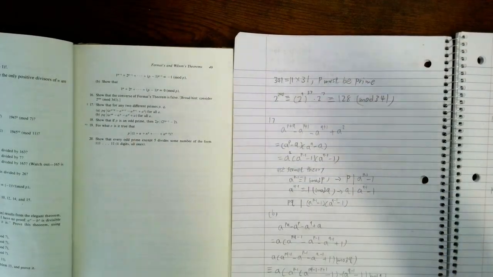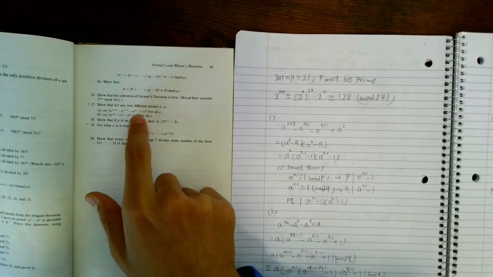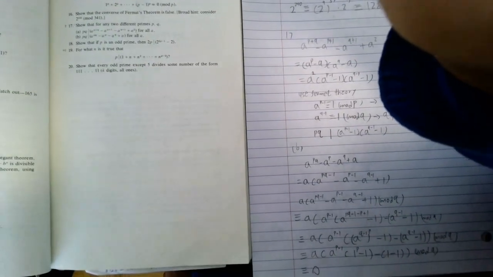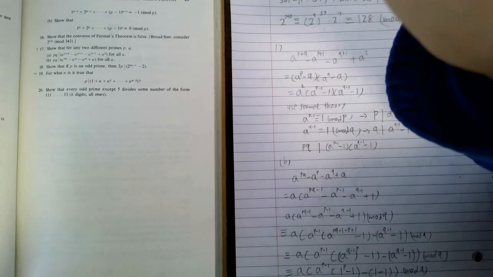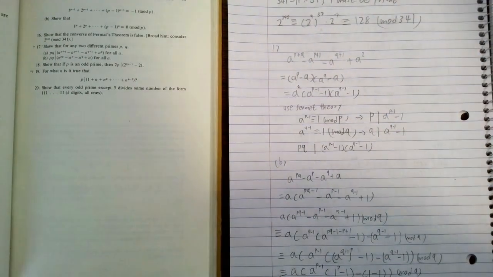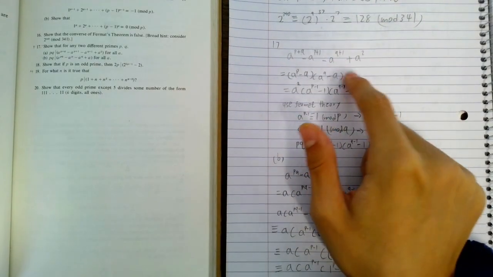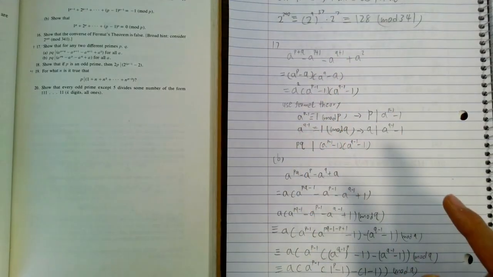Question 17. We need to prove that PQ is a divisor of these. Let me zoom in so that you can actually see. Okay, it's slightly better. So this expression should be a multiple of PQ.